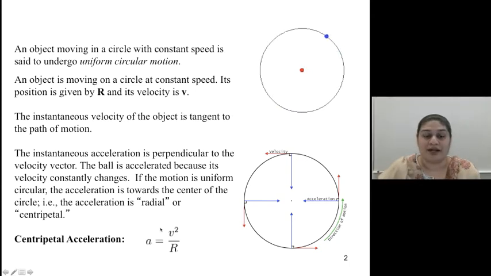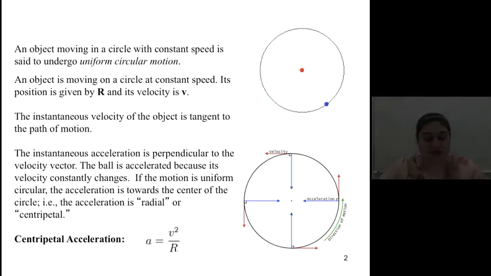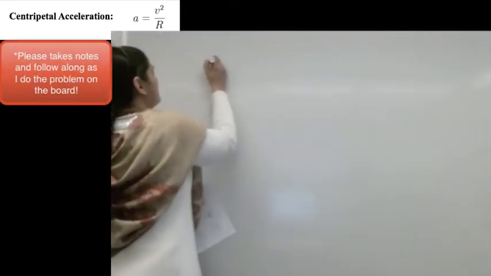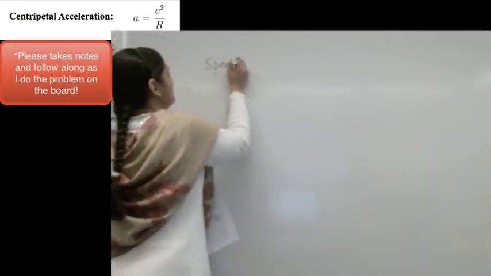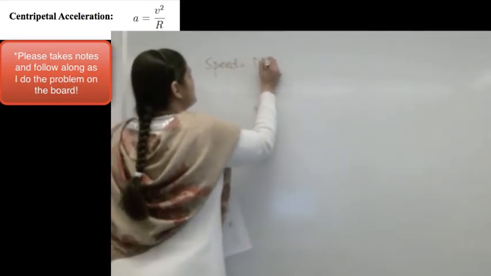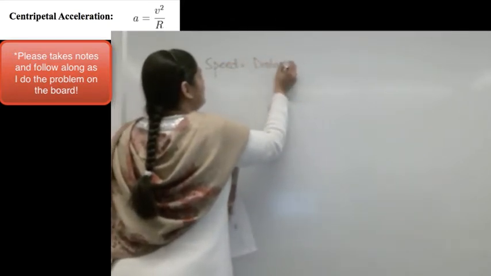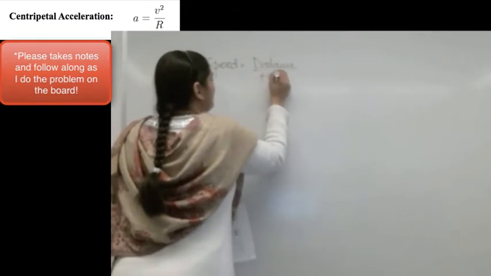Now let's go ahead and see where this formula is coming from. It's not just coming from a random thing, but there are actually equations that we've used in order to derive this. So in order to derive this, we are going to start with the speed equals distance over time formula.